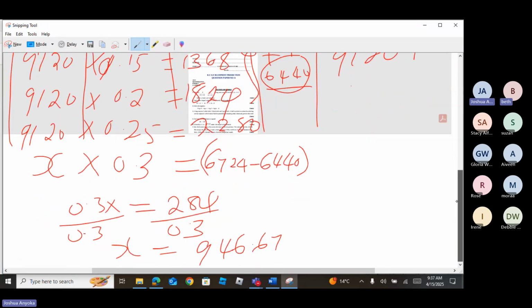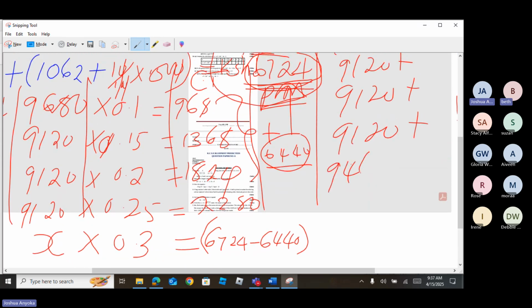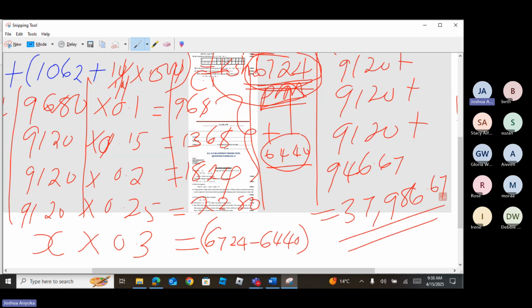X is 946.67. What do you get? 37,986.67. This is the taxable income. Sawa. So that's our taxable income.